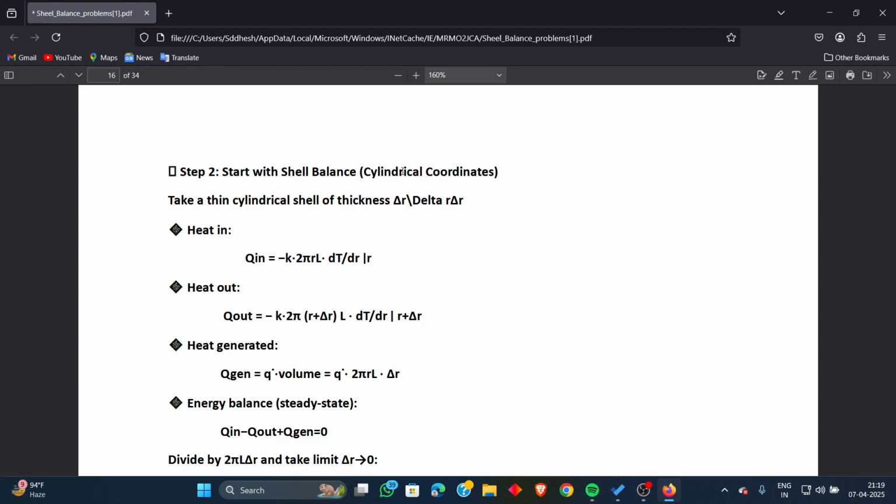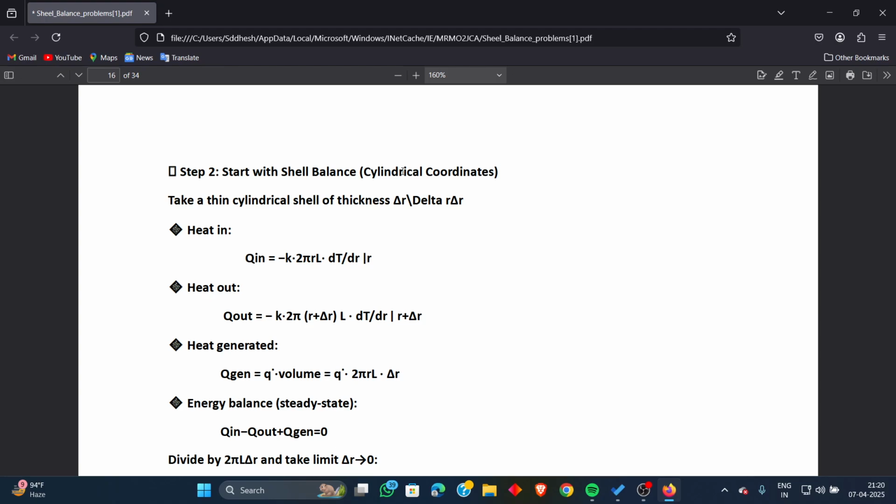Q in is equal to minus K into 2 pi R L into dT by dr at R. Heat out, that is Q out, is equal to minus K into area into dT by dr at R plus delta R. Q out is equal to minus K into 2 pi (R plus delta R) L into dT by dr at R plus delta R. Heat generated, that is Q generation, is equal to Q dot into volume.